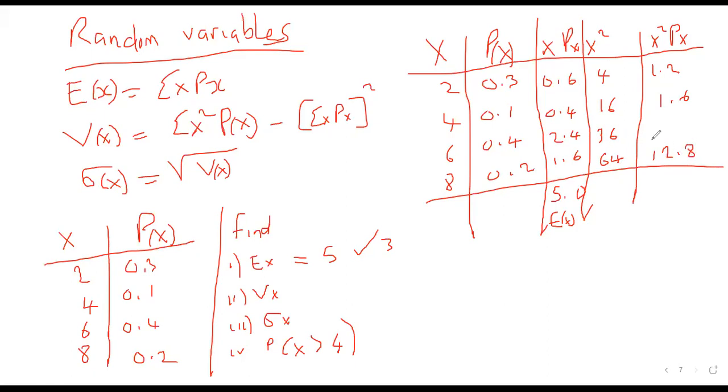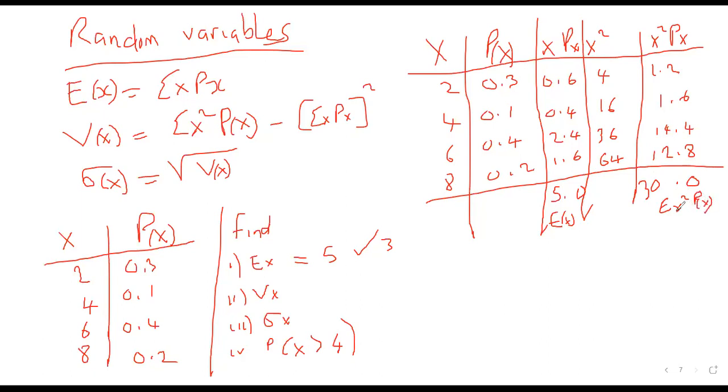Here, what are we getting? 14.4. And we add up. 0, carry 2, is 14, 15, 16. So we have 30. So this is summation of what? X squared px.